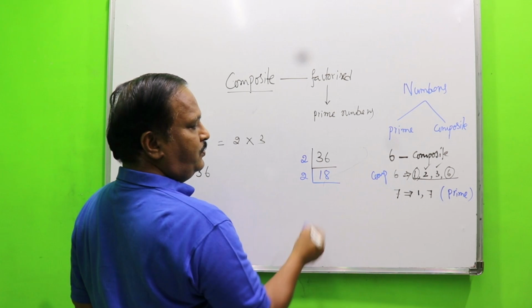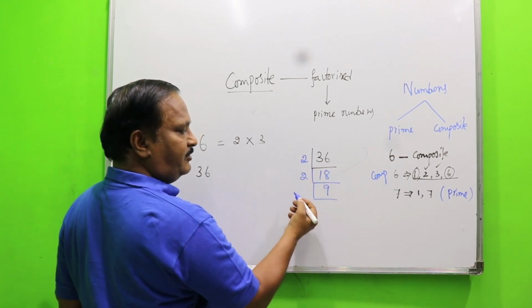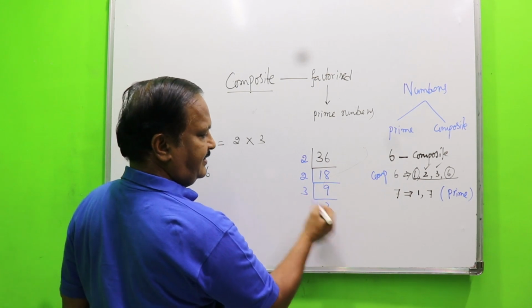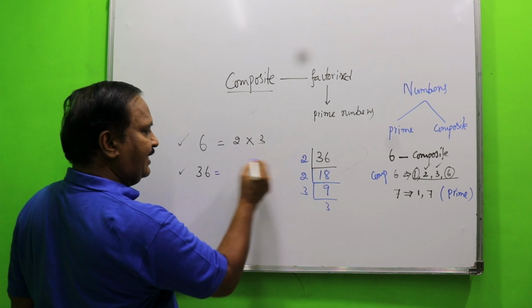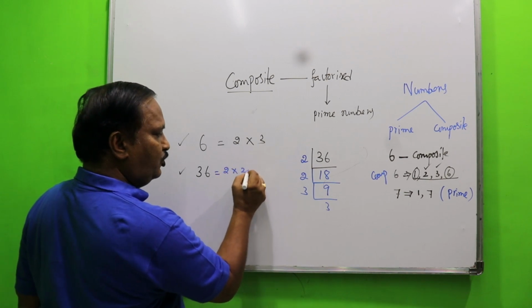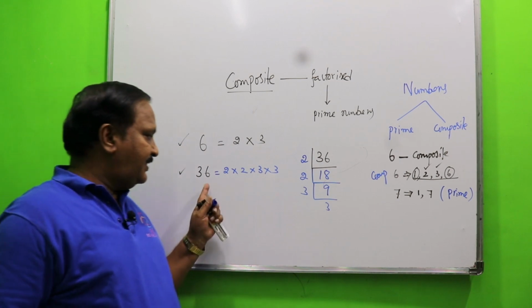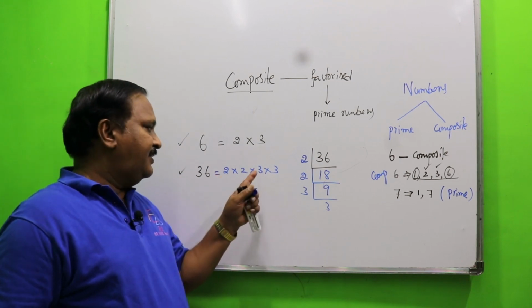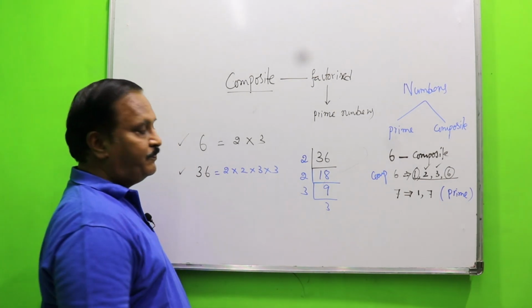Again 2, 2 9s are 18. Now 9 is not divisible by 2. 3 3s are 9. So now 36 you can write as 2 into 2 into 3 into 3. That means we have expressed 36 as a product of prime factors.